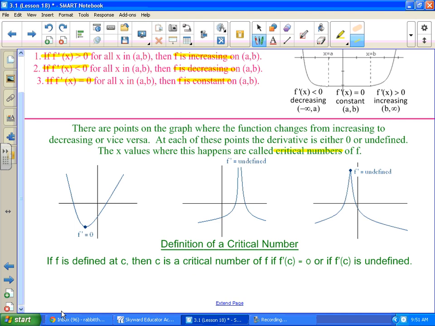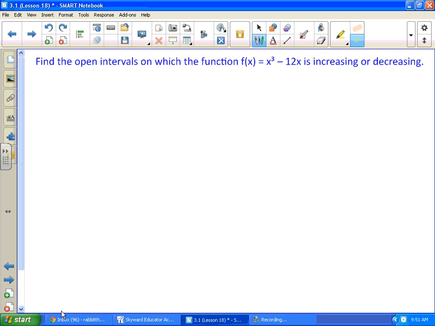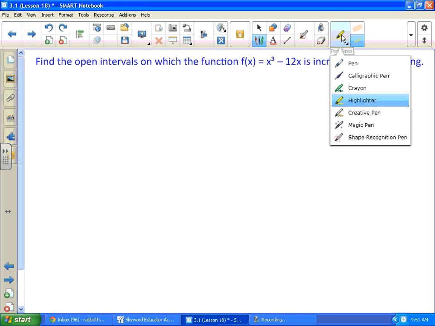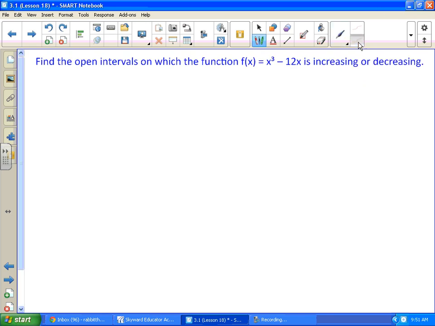And if you have questions on what I'm doing in the examples, make sure you ask, because this is pretty much what you're doing for your entire homework here. All right, so I would write out all these little things that I'm going to be writing so you can follow what you're doing when you're doing your homework. It says find the open intervals on which the function is increasing or decreasing.